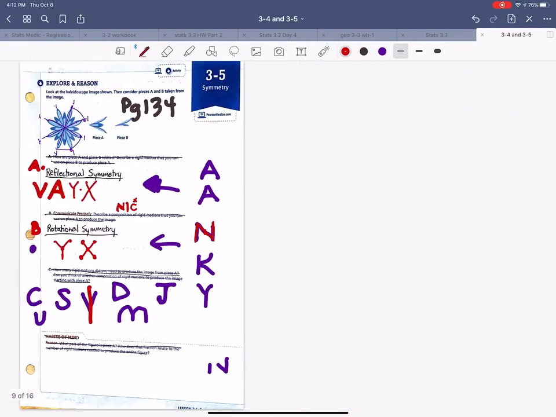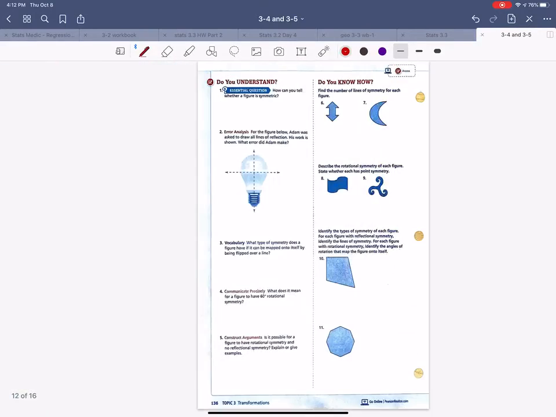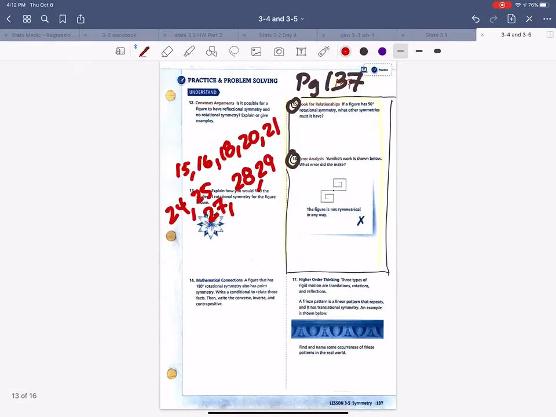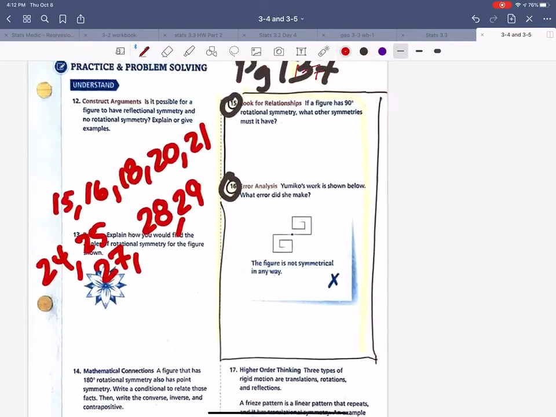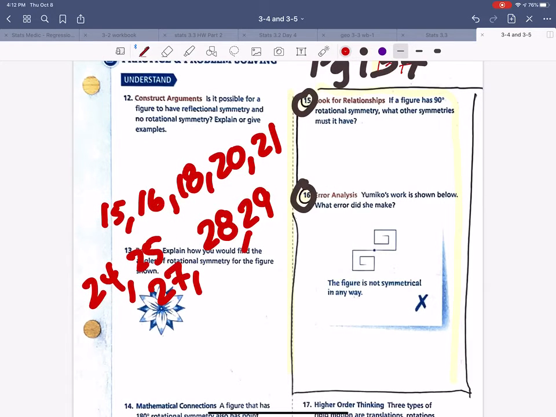Okay, so we took some notes here in the first couple sections, and let's get to our question set. Okay, so here's our question set, and let's see what it says here. It says, look for the relationship if a figure has 90 degrees rotational symmetry. So I think we found out today this little starburst thing would have 90-degree rotational symmetry.